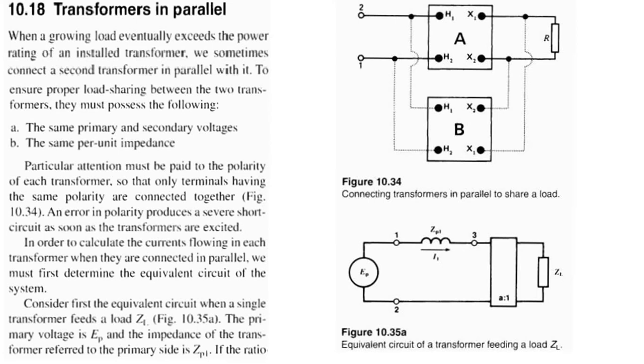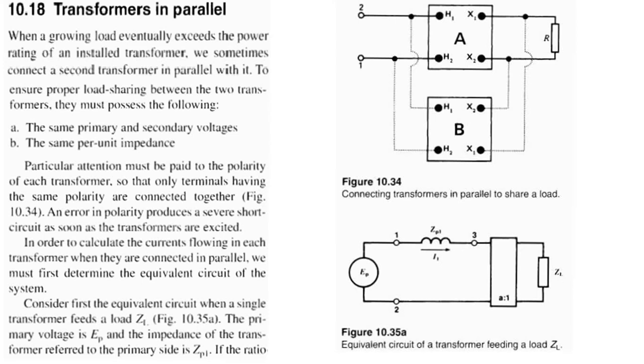Second point, the same per unit impedance. Particular attention must be paid to the polarity of each transformer so that terminals having the same polarity are connected together. An error in polarity produces a short circuit as soon as the transformers are excited.